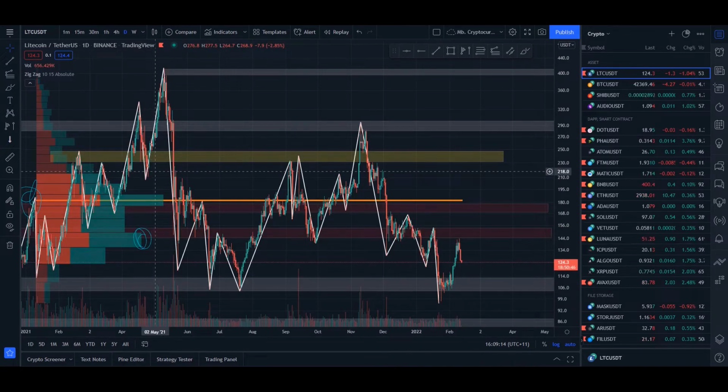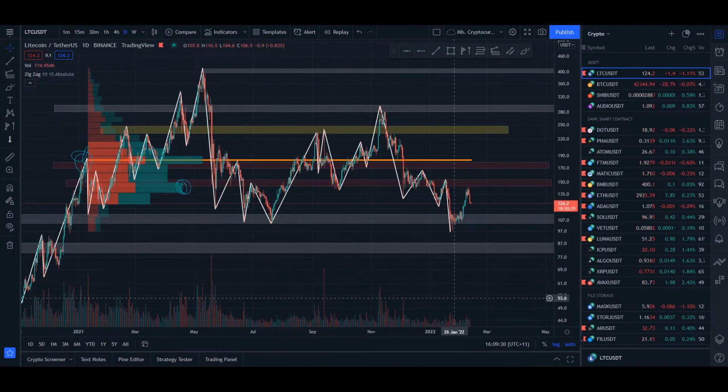So that's how we can use volume profile as well to see if we can even match with other support and resistance levels, such as previous major changes in prices.